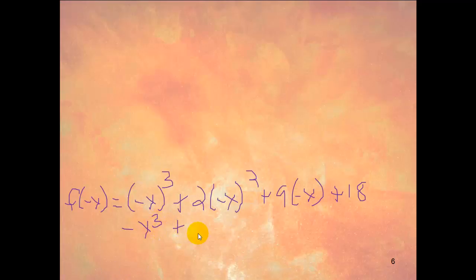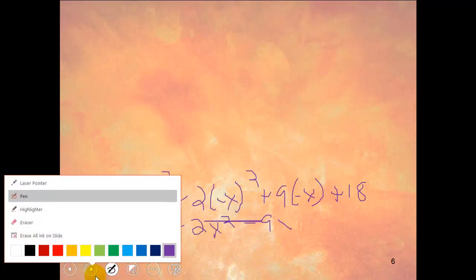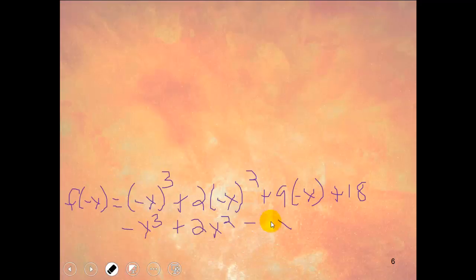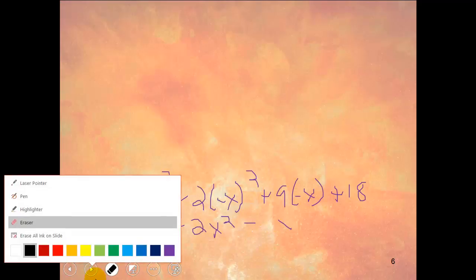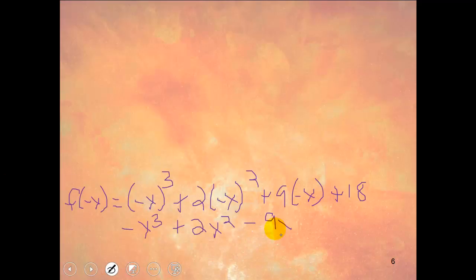If I square negative x, I get positive x squared, so this is plus 2x squared. If I multiply 9 times negative x, I get negative 9x, and then plus 18.